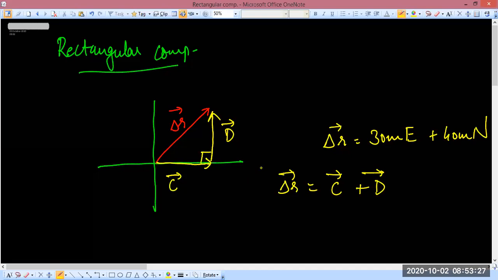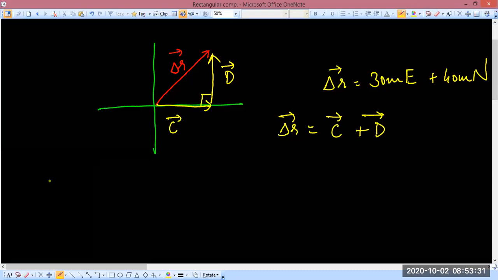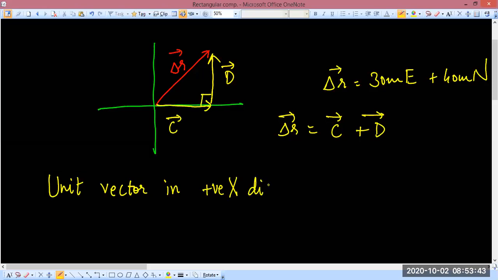So now we are going to define that the unit vector in positive x direction is called, I know it has been given this name, right? You cannot ask why. It is called I hat or I caret or I cap.